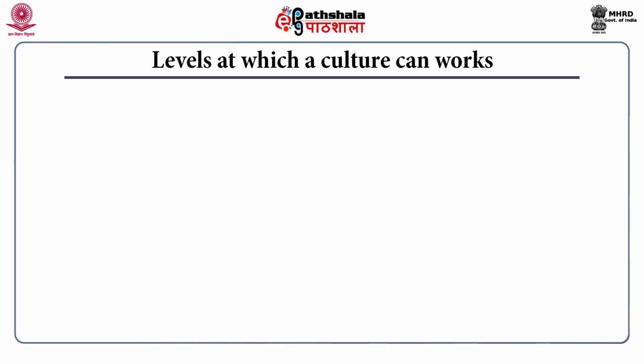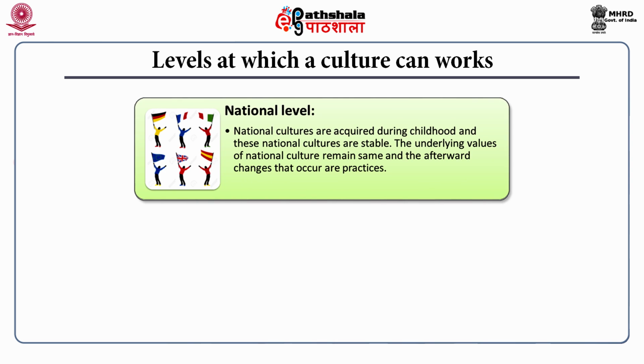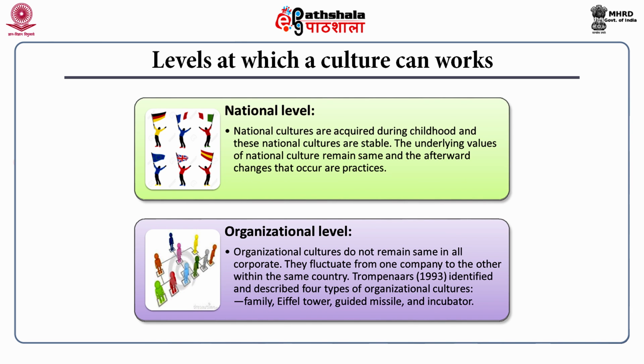Levels at which a culture works. Culture basically works at two levels: national level and organizational level. As you can see, national cultures are acquired during childhood and these national cultures are stable. The underlying values of national culture remain the same, and the changes that occur afterward are basically the practices.